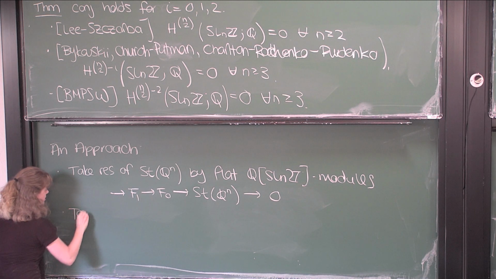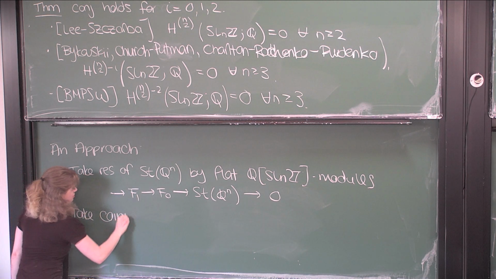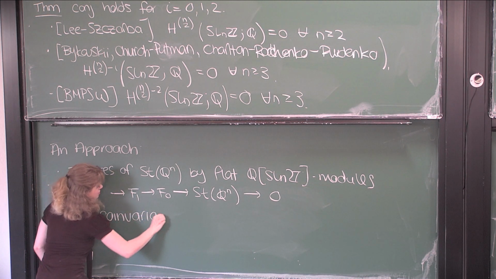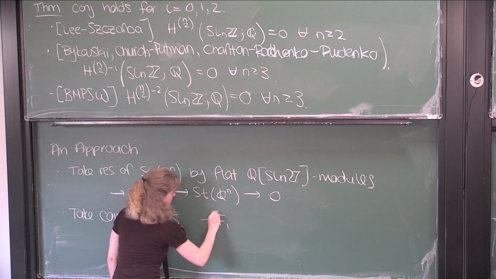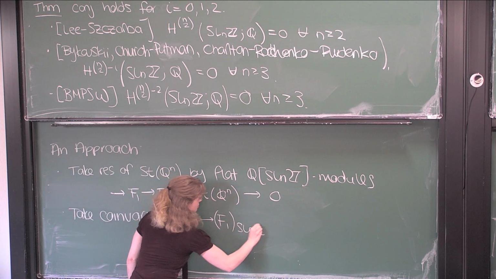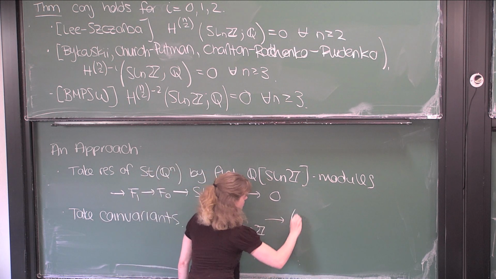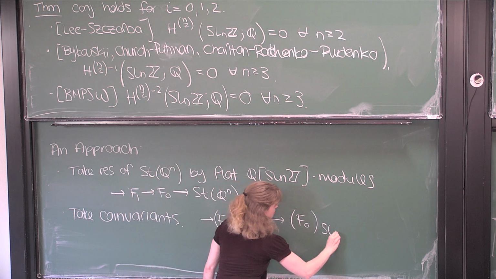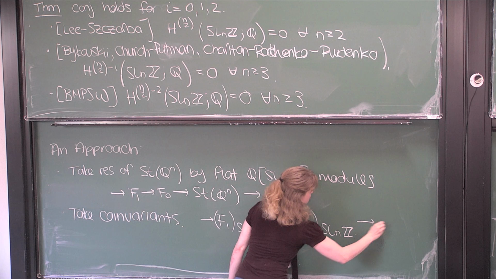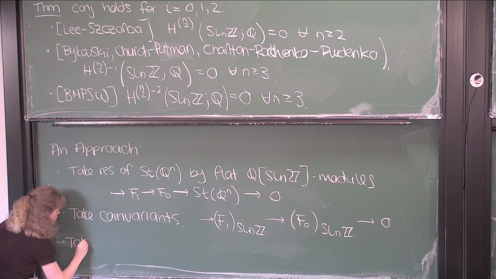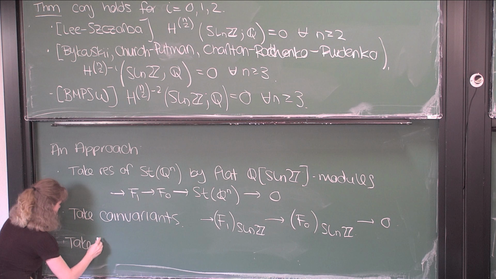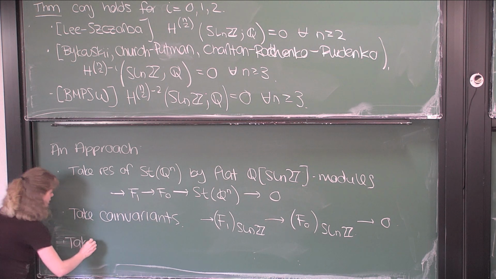Take coinvariants. And then take homology. And those homology groups are exactly the groups in question, these codimension i cohomology groups.